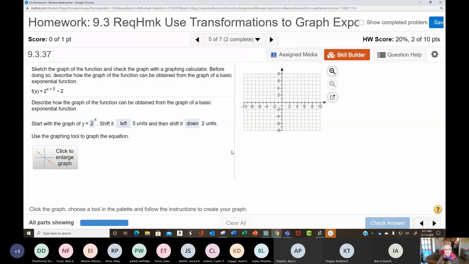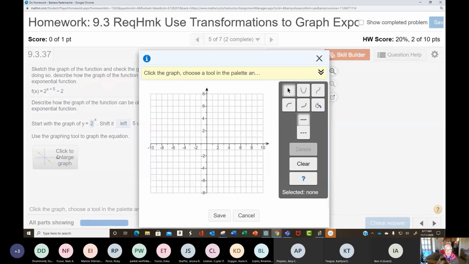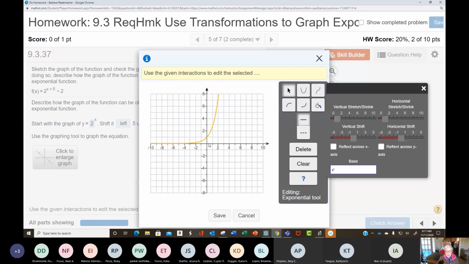Good. Now I graph the answer. Again, it's an exponential function. I click on the symbol for an exponential function and then I graph that. Now, this is saying again, because this is the default sometimes, but not always, that the base is e, it's not e.